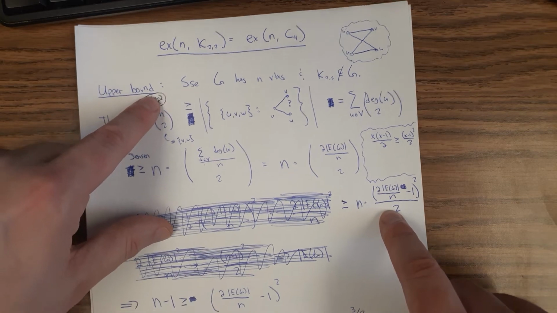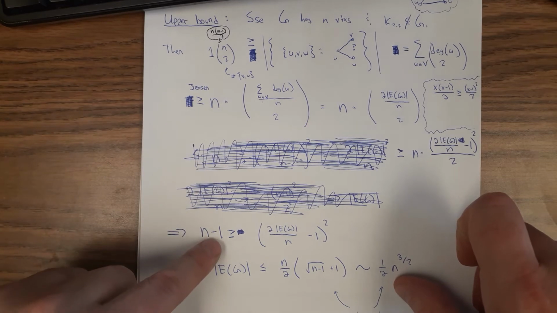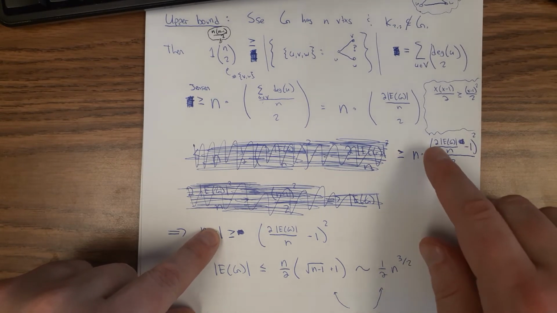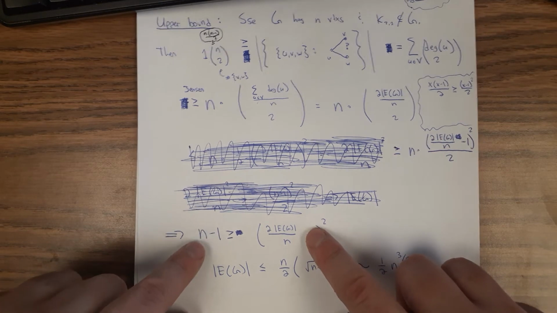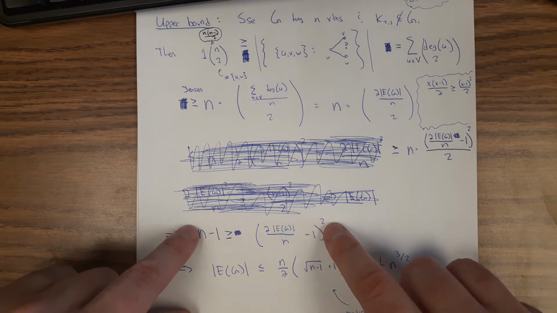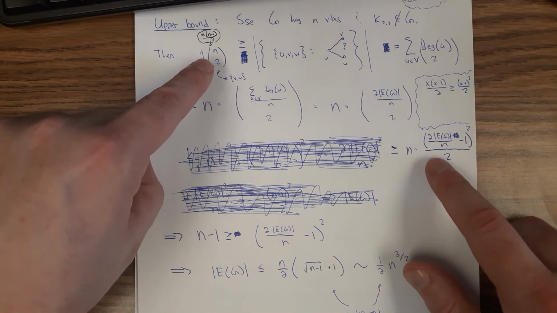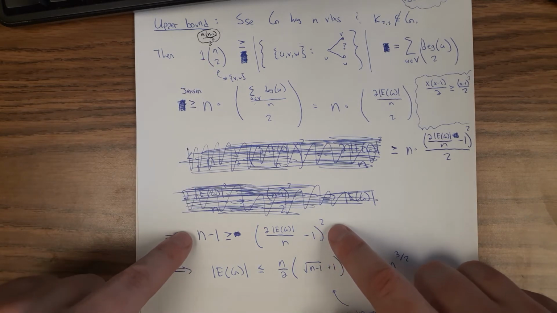And what I'm going to get if I cancel that is this will just become n minus 1. And this will become, let's see, the n will be gone and the 2 will be gone, so I'll just have this. So that's what happened here, is I took this inequality and I canceled an n and a 2. So now I'm here.